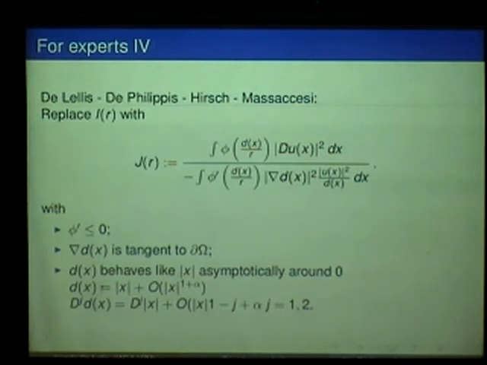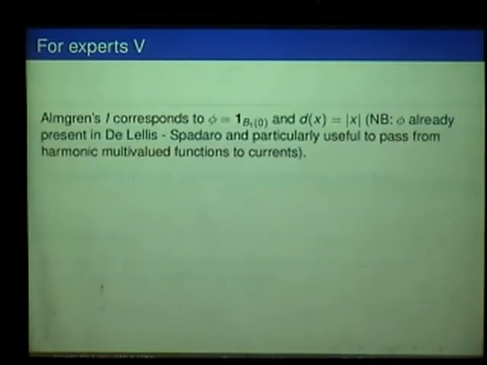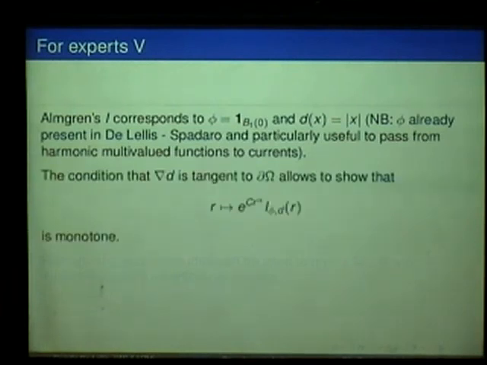Okay, now if you have this object with these conditions, then the conclusion is that this quantity is monotone. And notice that the Almgren frequency function corresponds to a very particular choice. It corresponds to a choice of phi, which is the indicator function of the ball of radius 1, and to a choice of d, which is the modulus of x.